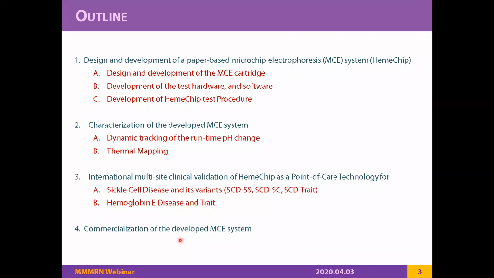And we're going to talk about how we developed it, what the components are, and we also developed the test procedure. So we'll talk about those things in as much detail as possible on a higher level. Then we'll talk about some of the characteristics of the system because that will give us a better idea to understand the system. And then we'll talk about the validation, like real life application and the commercialization.